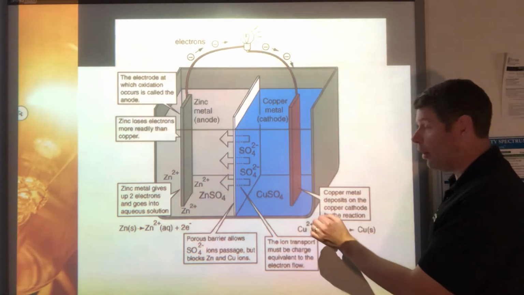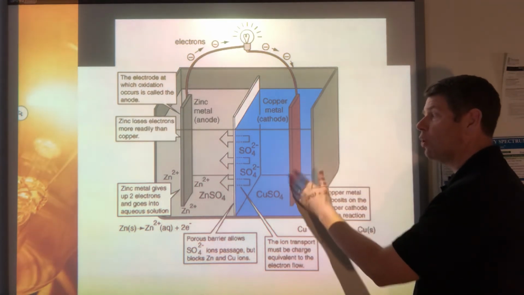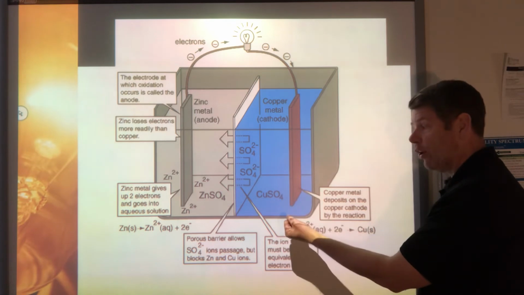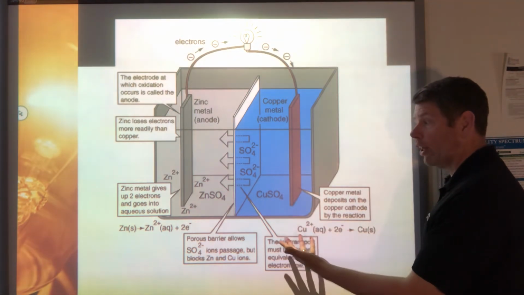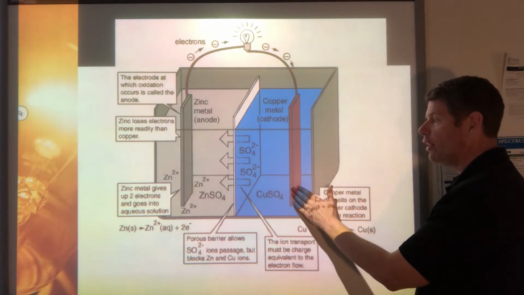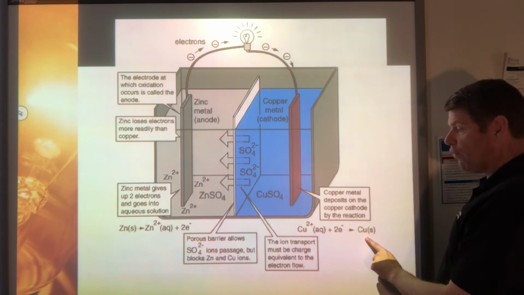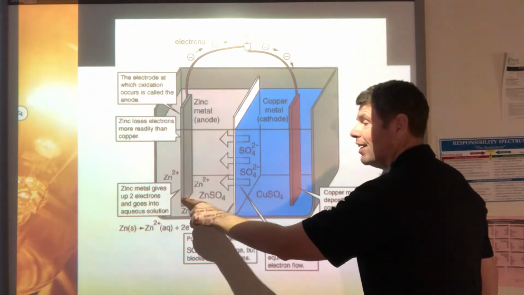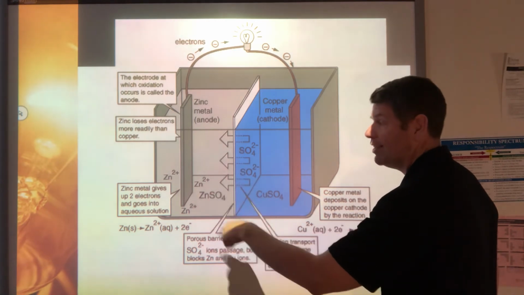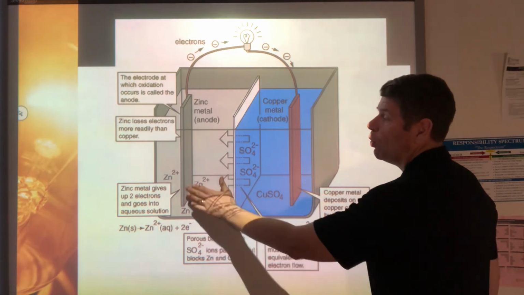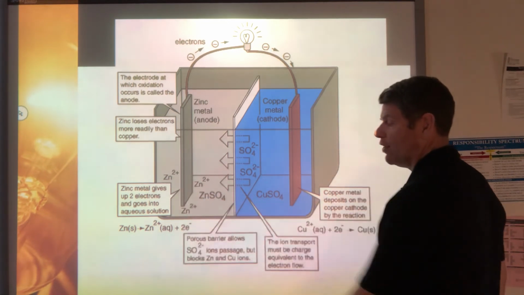Brand new copper starts to build up on this electrode, which makes this electrode get heavier and heavier as the cell continues to work. So we've got the copper gaining mass because copper is continuing to form, but the zinc is losing mass as the cell continues to work. And so this electrode, there would be less and less of it.